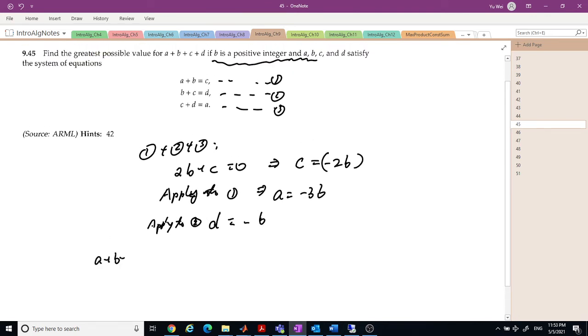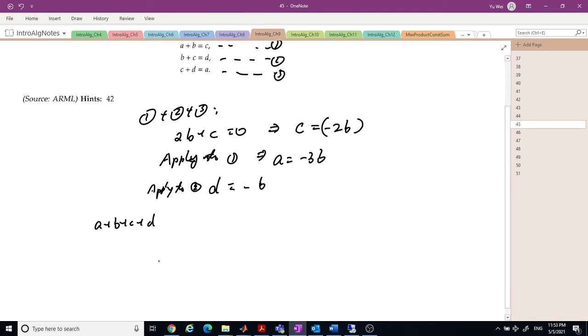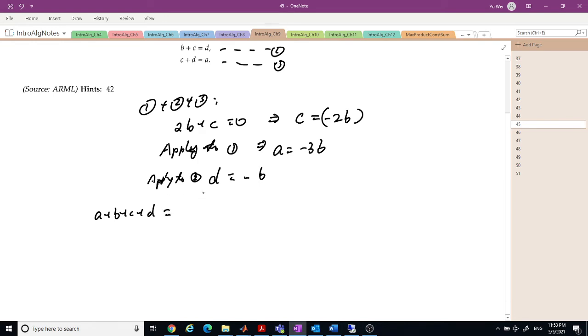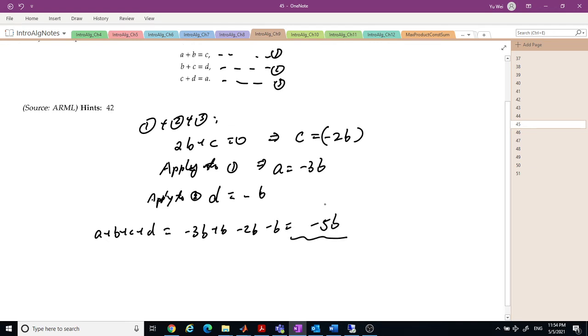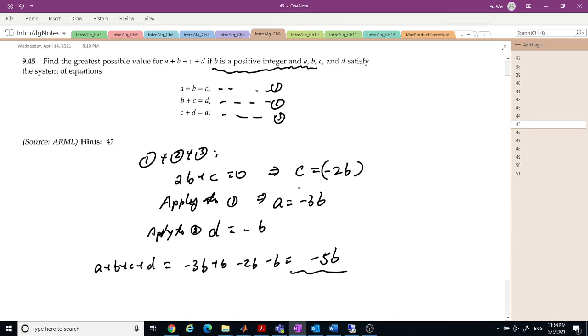And now we have a plus b plus c plus d equals negative 3b plus b negative 2b minus b equals negative 5b, right? Because we know b is positive integer.